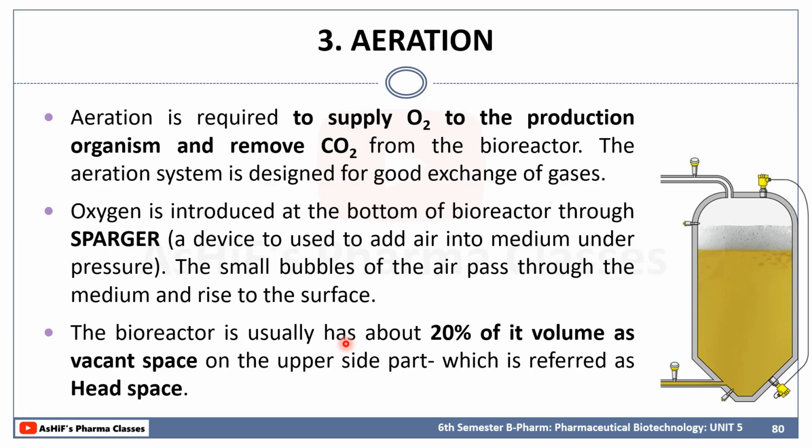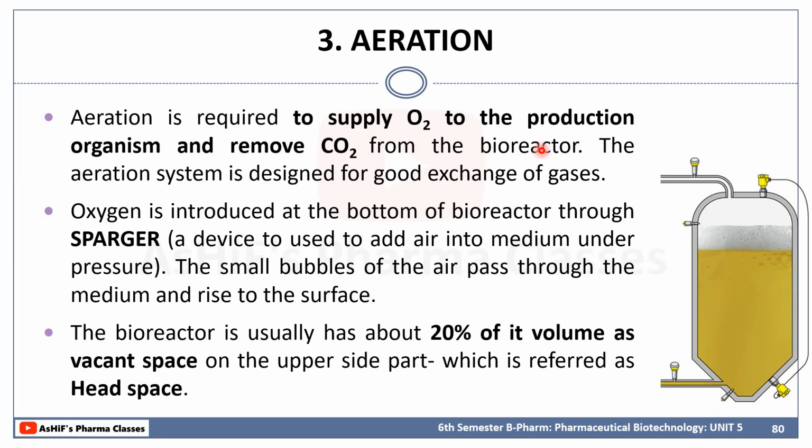By using a sparger, we provide the oxygen, and by using the exhaust facility, we remove the unwanted gases. Usually, in a fermenter, 20 percent of the total fermenter volume remains vacant. That is known as head space.